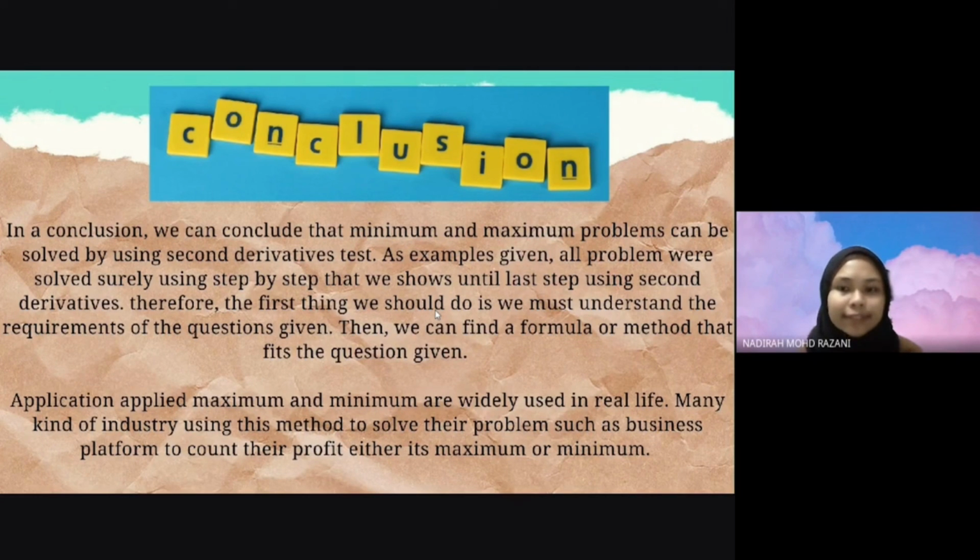Then, we can find a formula or method that fits the questions given. Applied maximum and minimum are widely used in real life. Many kinds of industry use this method to solve their problems, such as business platforms to count their profit, either its maximum or minimum.